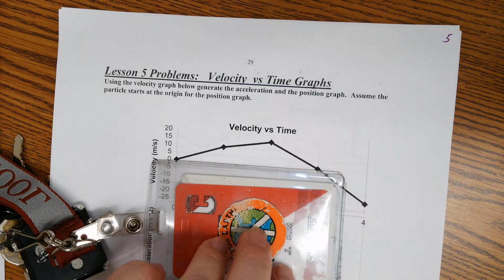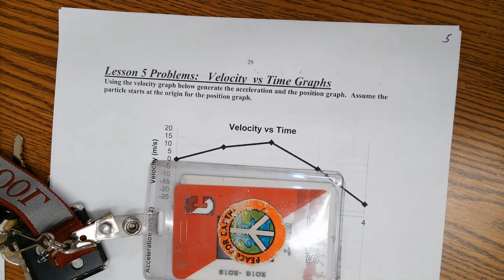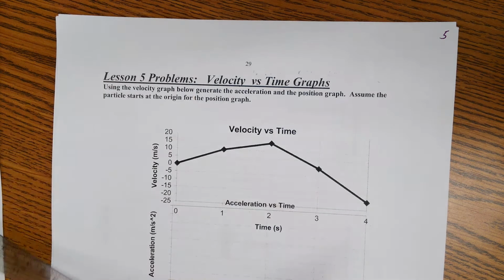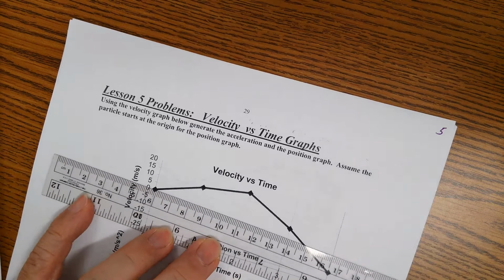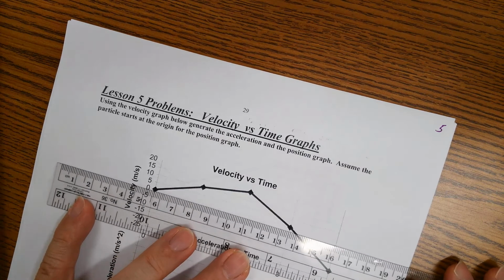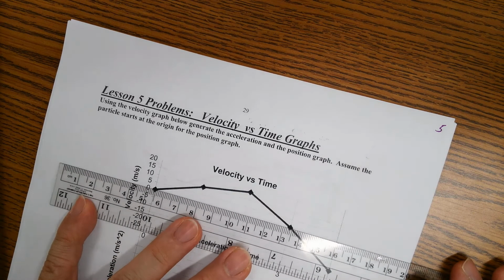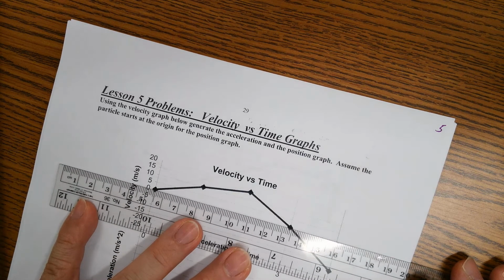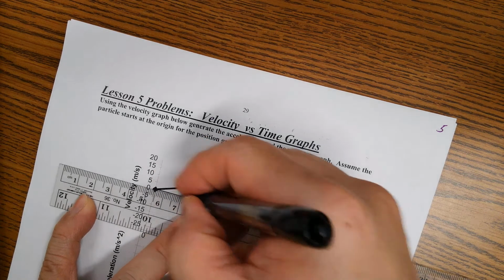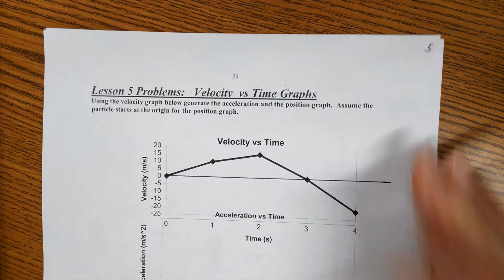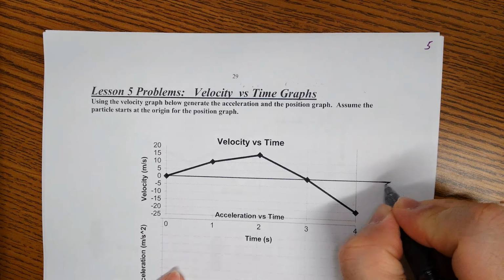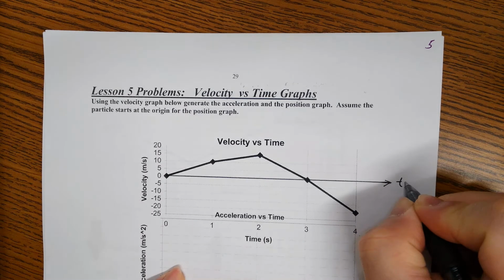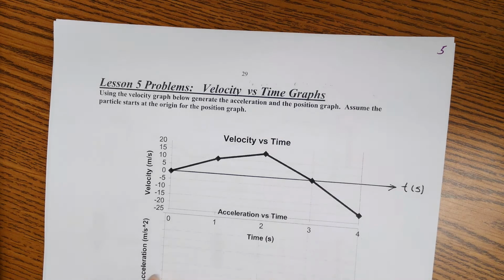Let me see if I can find... OMG, I'm such a nerd. I had a ruler in my backpack. So here, I'm going to actually draw my time axis straight across the 0. This is important to have that time axis. Okay, this is time in seconds.